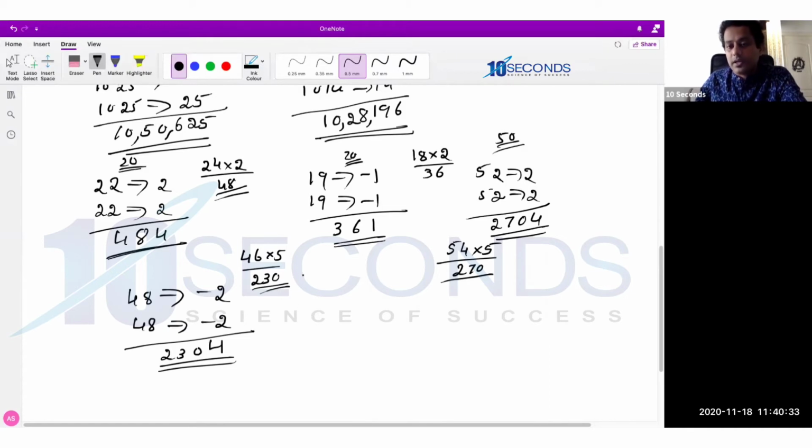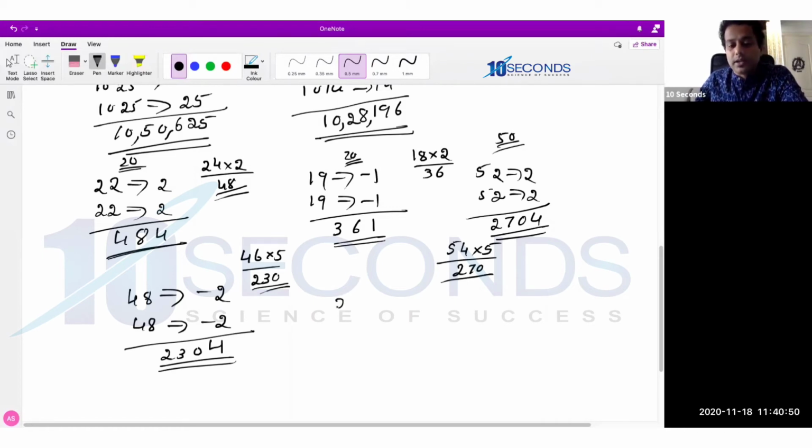So if you take 10 as a base value, no need to multiply because 10 is the place value. If you take 20 as the base value, you have to multiply by 2, for 30 by 3, for 40 by 4, for 50 by 5. 100, no need because 100 is the place value. 200 into 2, 300 into 3, like that.